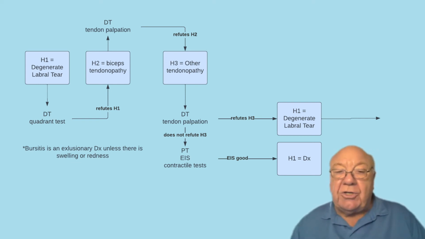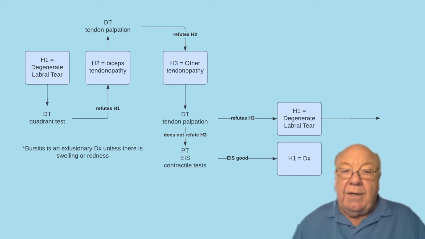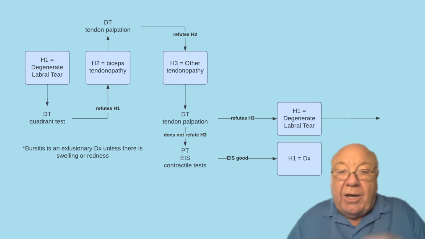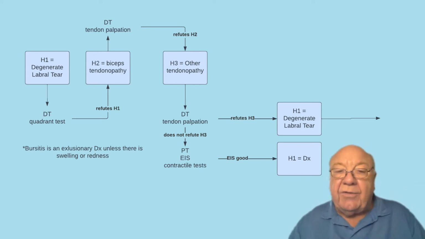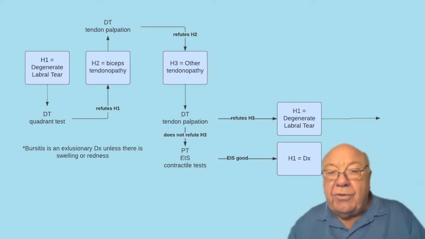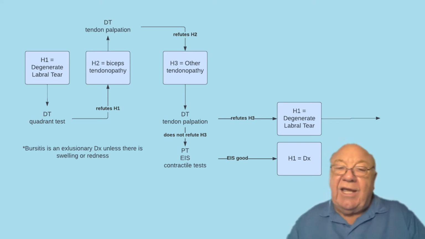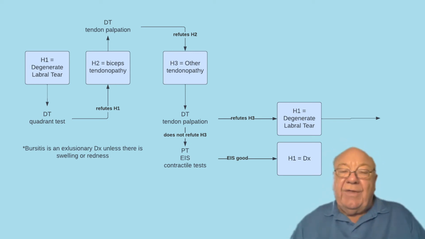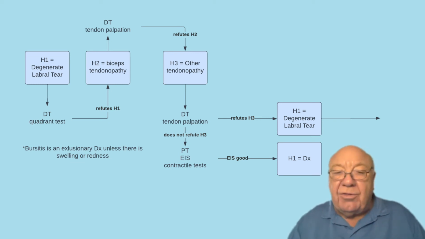So you generate H2, which is biceps tendinopathy again, and again you attack it with tendon palpation, for example. It's a disproving test. And if that refutes it, then you move on to H3. If it doesn't refute it, again, you then attack the biceps tendinopathy with the EIS.